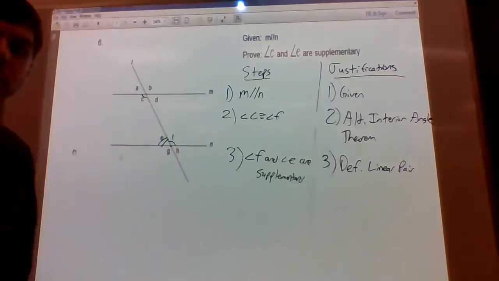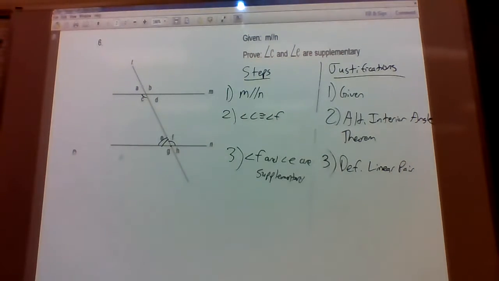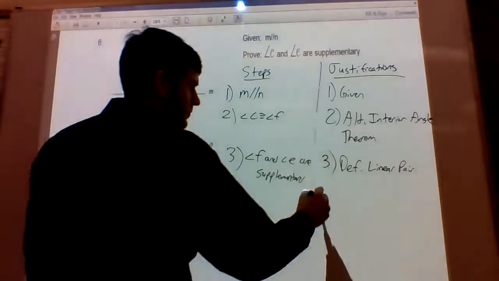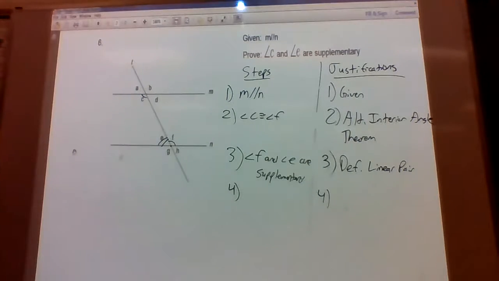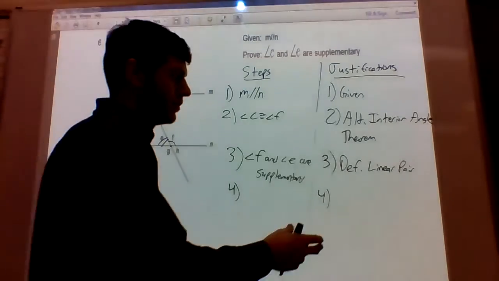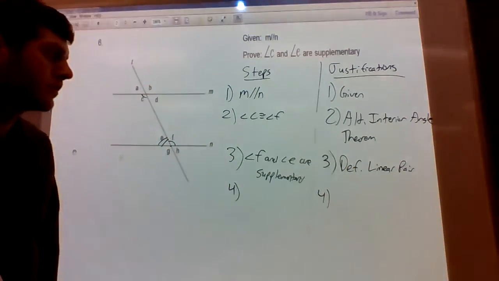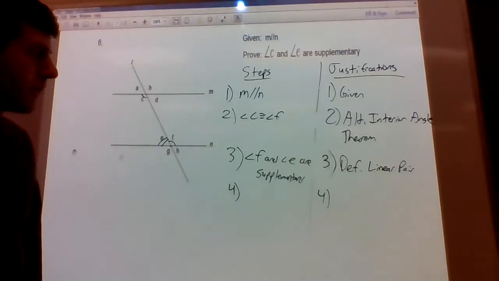Okay, linear pairs are supplementary. What's the linear pair theorem? I don't remember what the linear pair theorem is exactly. The linear pair theorem says linear pairs are supplementary, then you would put linear pair theorem here. But either way, same difference.